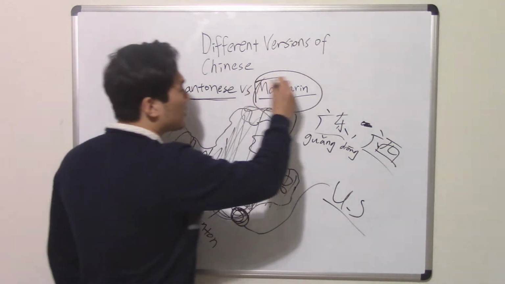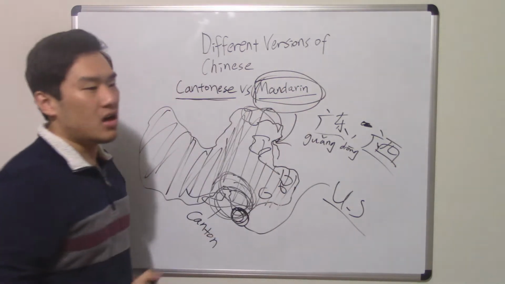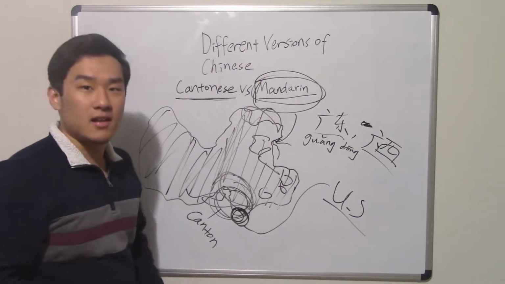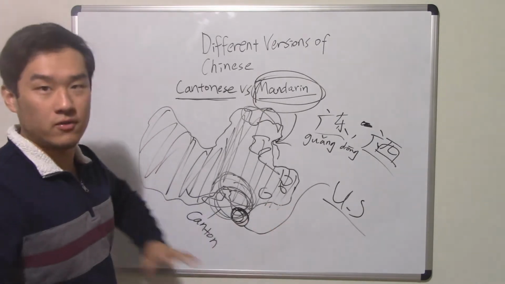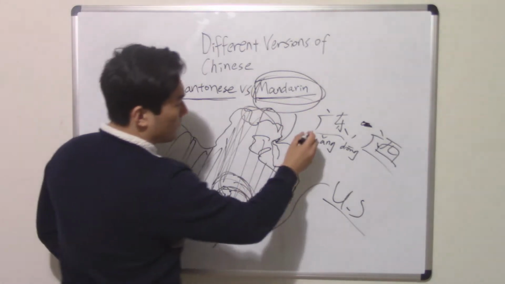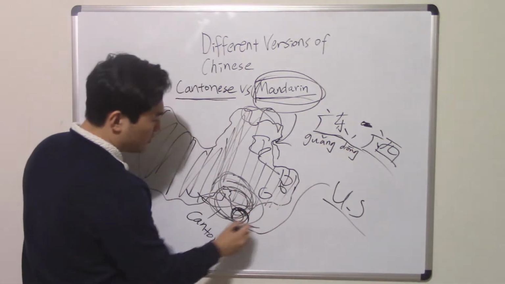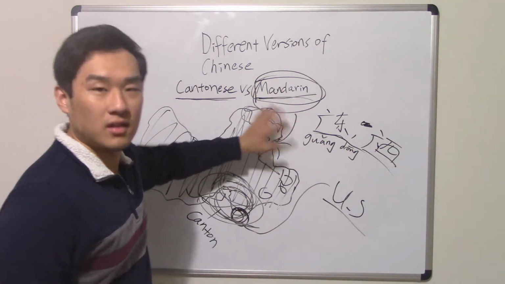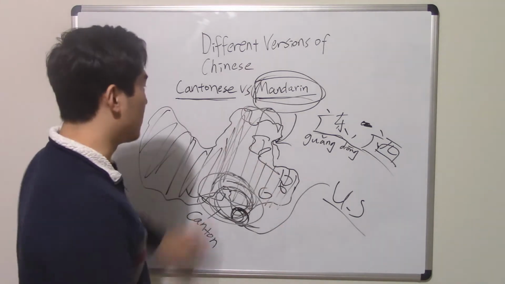But Mandarin here is what even today in China, if you go to Asia, even these two states here also speak. So Mandarin is the official language of the entire China here.